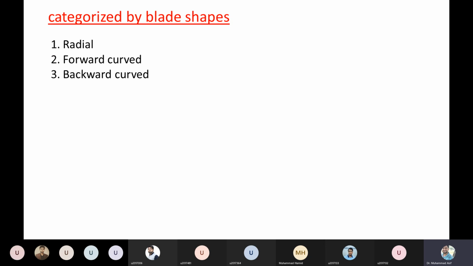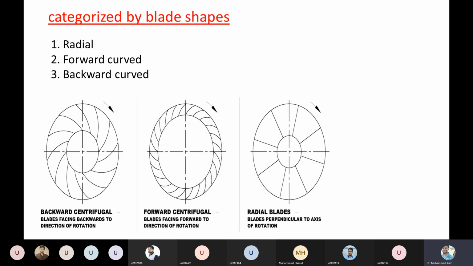We can further classify. Previously we classified the fan into two categories, the axial fan and the centrifugal fan. Now the centrifugal fan has further classification. They are of radial centrifugal fan, forward curved centrifugal fan, and backward curved centrifugal fan, depending upon the curve of the blades relative to the direction of the rotation.